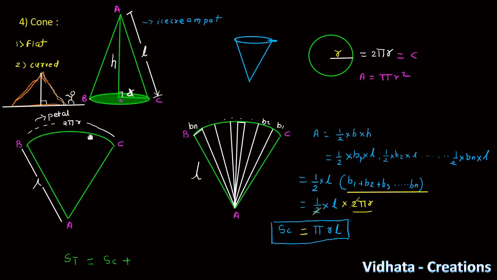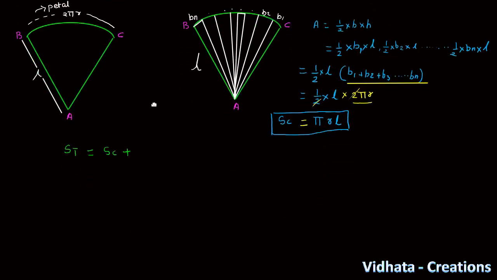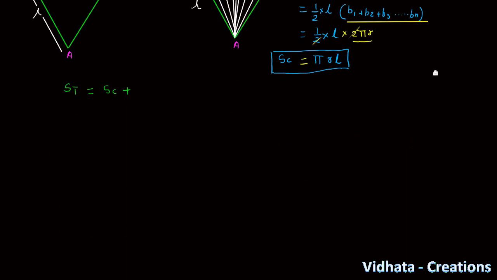Total surface area will be curved surface plus area of the bottom. Your bottom area is a circle having its area pi r square.